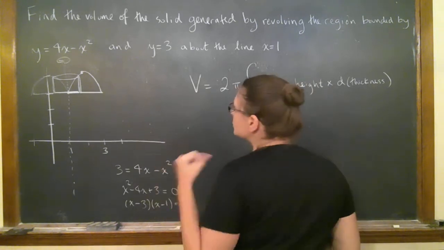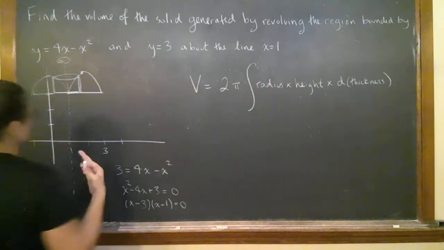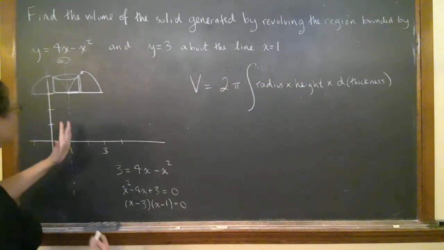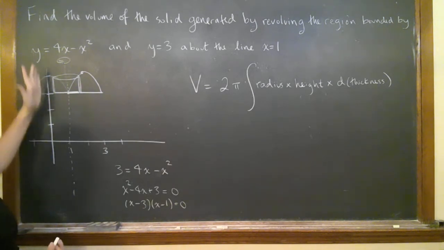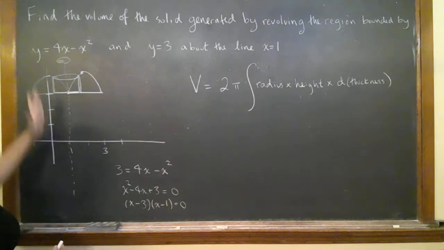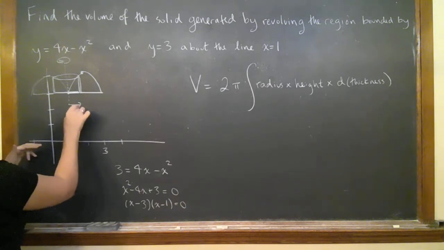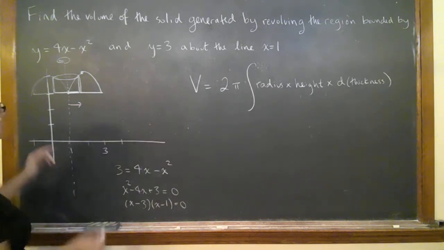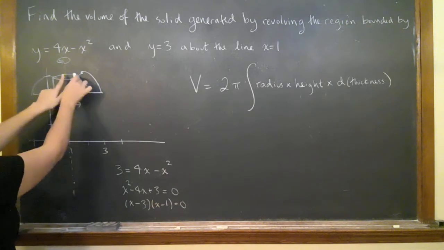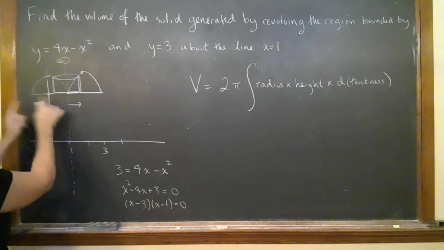Now the radius is going to be shifted over, because the radius is always going to go from the axis of rotation, right? So this is going to be my radius here since I'm no longer around the y-axis.